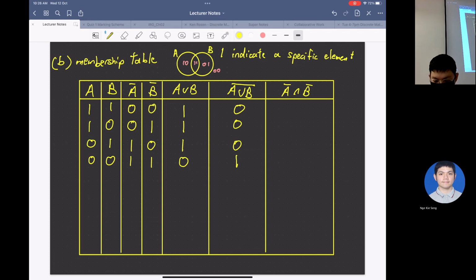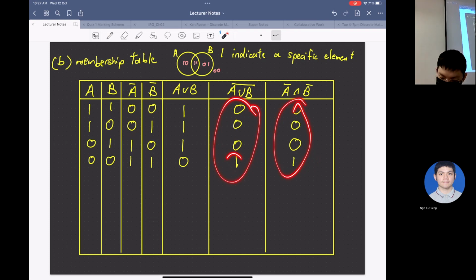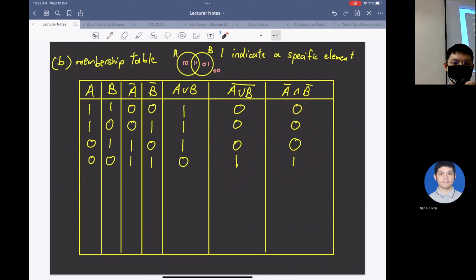For 0 0, you get 0 because there's nothing inside there, so it's not in the intersection. If it's not in A bar but in B bar, what's the intersection? You get 0 because they're not the same. 1 0, you also get 0. 1 1, you get 1. So they have the same table, 0 0 0 1 and 0 0 0 1. They lie in the same place.